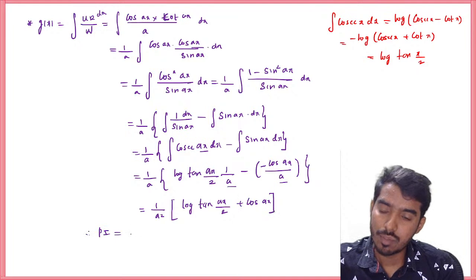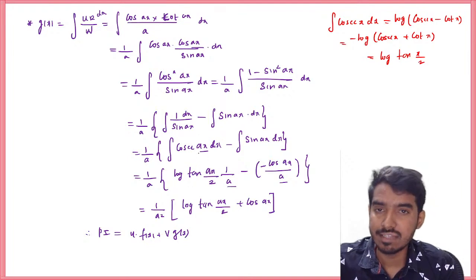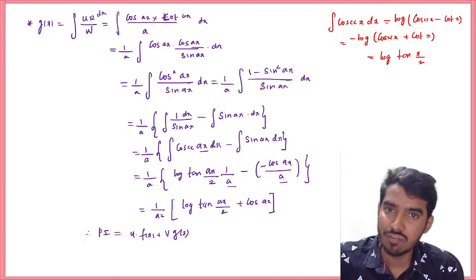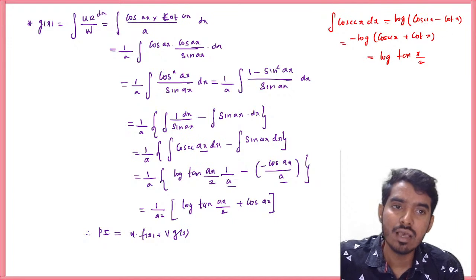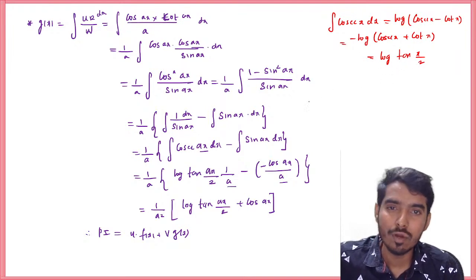Therefore, your PI is u into f of x plus v into g of x. See, you can write integration of cosecant x to be any one of these three formulas: log of cosecant x minus cot x, or minus log cosecant x plus cot x, or log of tan x by 2. You can use any one of these from the exam point of view. But in the book they have used this formula, so I'm writing this formula, right?